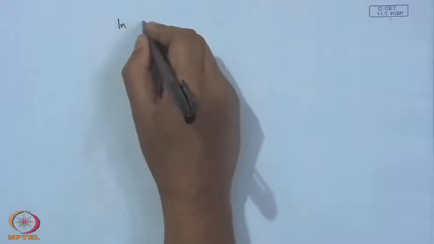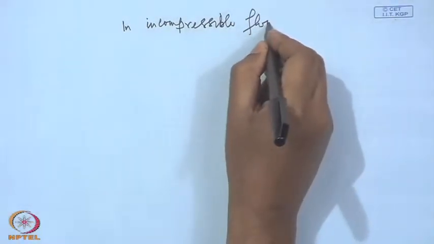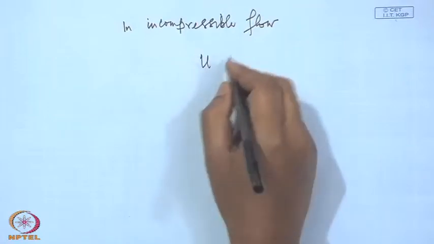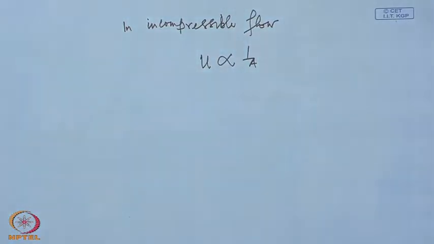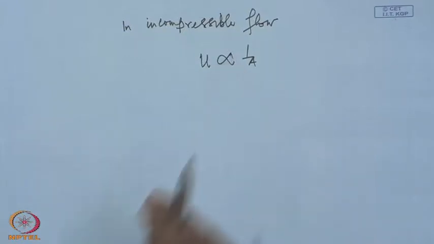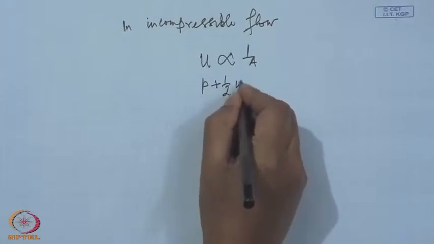Now, if the flow were incompressible, then the complete one dimensional flow results are obtained from the kinematic relationship, where the flow velocity is inversely proportional to the cross sectional area A. That is, in an incompressible flow, the complete relationship is obtained from this relation, A u equal to constant, or rather that the volume flow rate at any cross section is constant, and then the pressure can be obtained from the incompressible Bernoulli's equation, that P plus half rho u square at any cross section is constant.